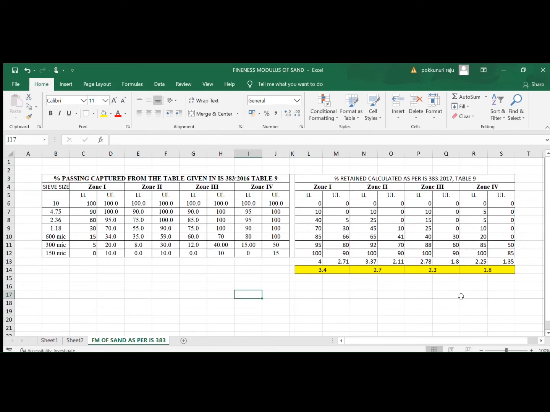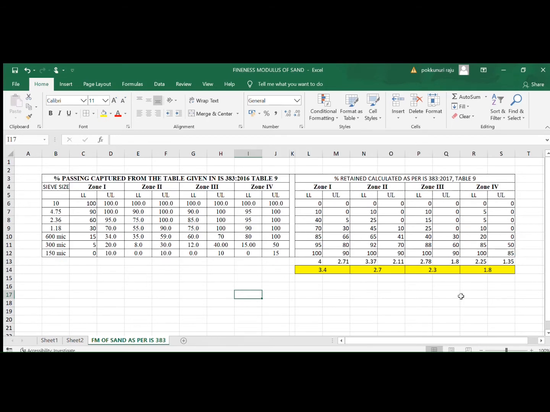On the right hand side you can see a replica of the same table, but the difference between these two tables is that the left hand side table shows the percentage passing, whereas the right hand side table gives the percentage retained on each sieve corresponding to each zone of sand.